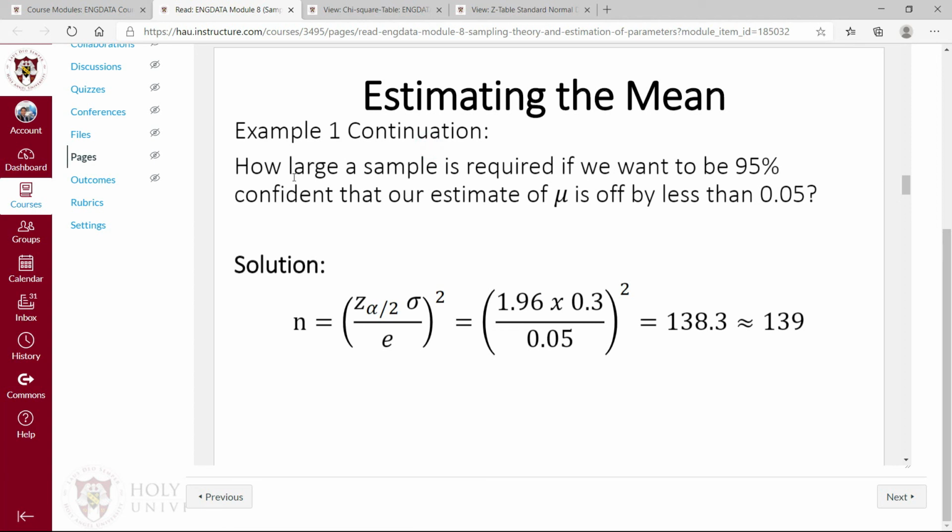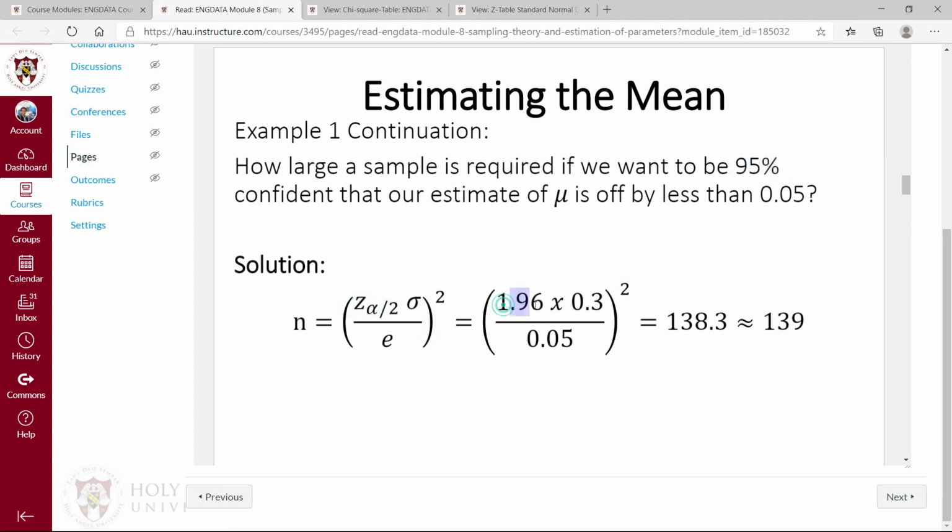How large a sample is required if we want to be 95% confident that our estimate of mean is off by less than 0.05? When we say the estimate of mean is off, this is the margin of error E on your formula. So solving for the sample, how large is the sample? Using this formula, you have the alpha level z score of 95%, 1.96.